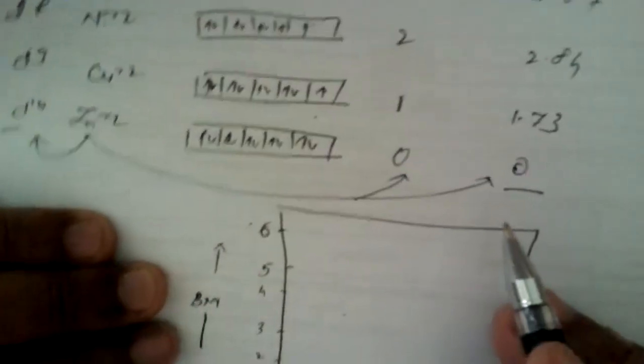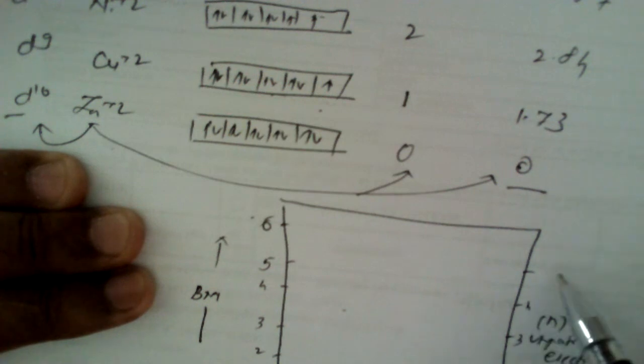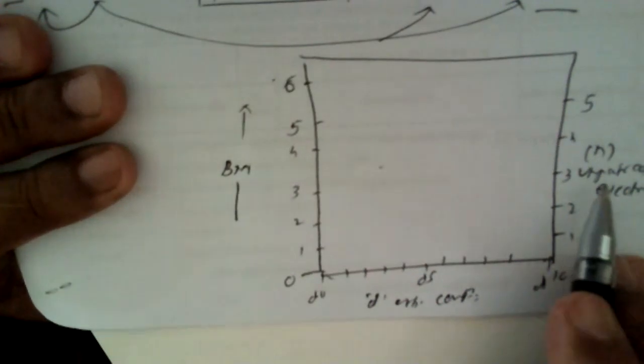And here the total number of unpaired electrons, 1, 2, 3, 4 and 5. So maximum unpaired electrons will be 5.